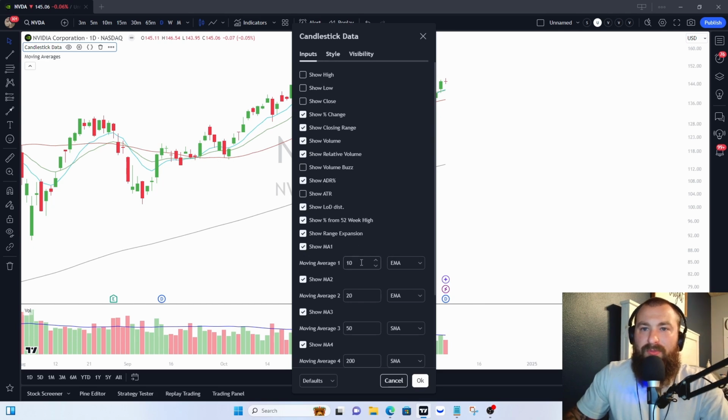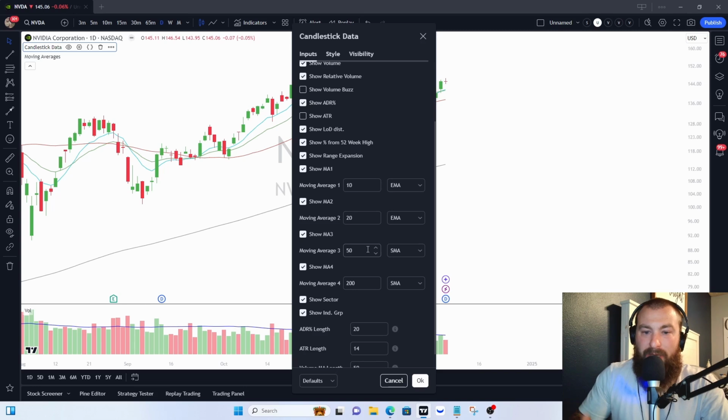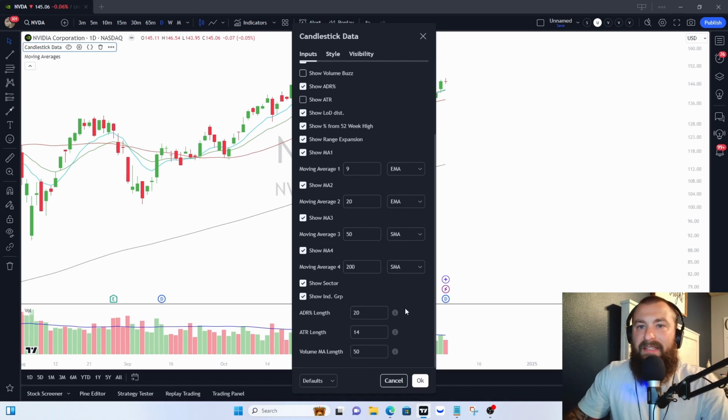If you don't use the default moving averages, which is the 10 and 20 EMA and the 50 and 200 simple moving averages, you can go ahead and make those changes. And then by default, the ADR length is 20, ATR is 14, and the volume moving average is 50. If you want to use a 30-day moving average for your volume, you can do so.